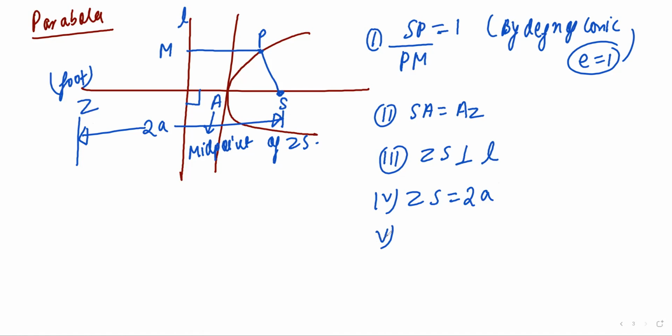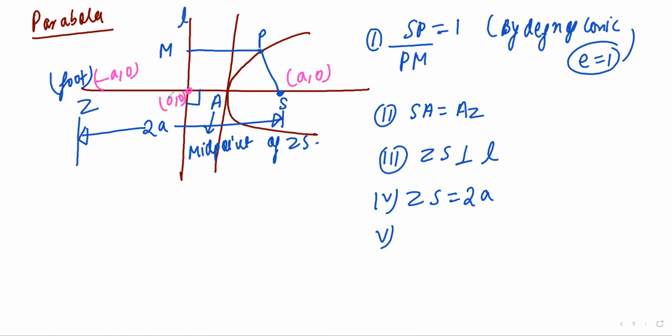Right. Next is the fifth point. The coordinate of S will be A comma 0, and this is the origin. And Z will be minus A comma 0. Right, this is the origin 0 comma 0.